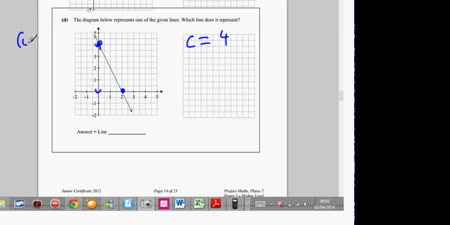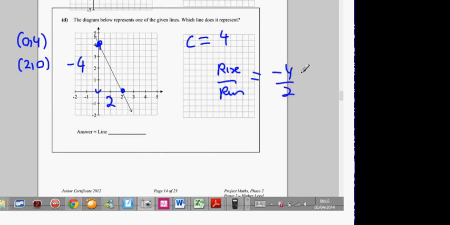You could pick (0, 4) and (2, 0) and do the slope formula. There's a quicker way though. You go down 4, which is minus 4, and across 2. Rise over run. Minus 4 over 2 is? Minus 2. Minus 2 is the slope.